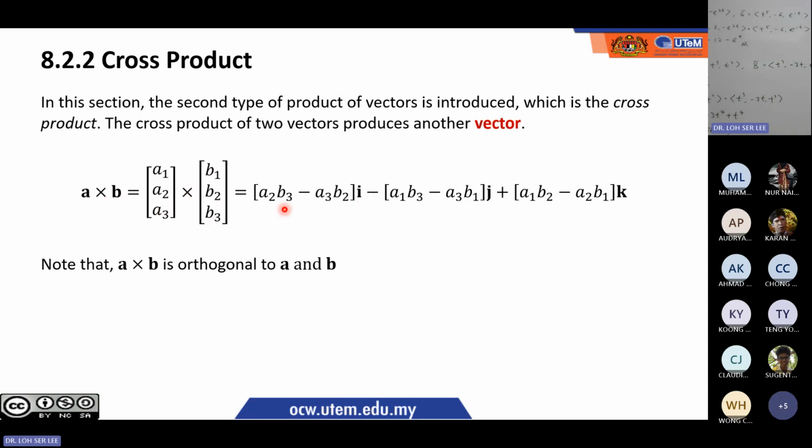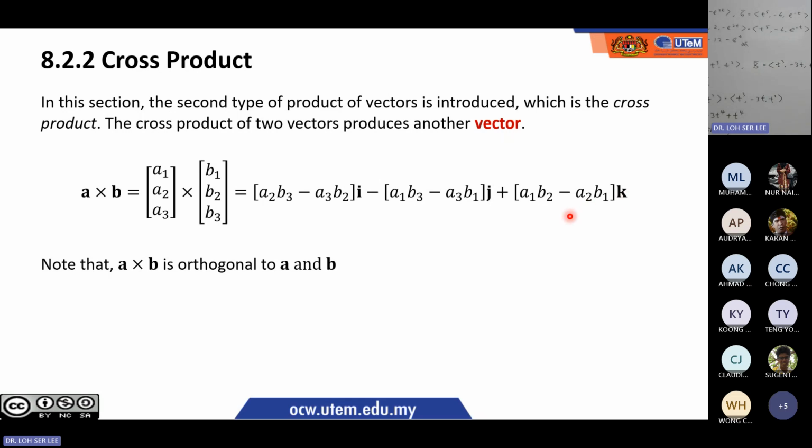To get the component function of i, you just cover the first row, and then here you use AD minus BC to get this. For the component function of j, you cover the second row, then AD minus BC to get this.